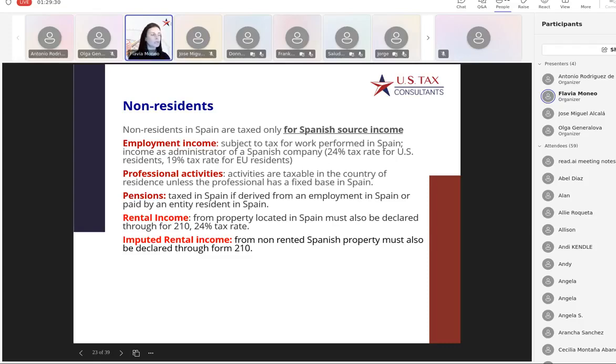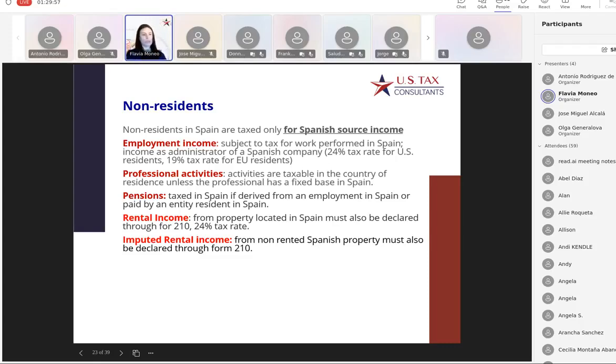If you are working as a contractor, it depends on whether you have a fixed base here in Spain. That means that you are working in an office, co-working, or similar. If you do, then you have to file as non-resident, but instead of the Modelo 210, you will have to file the Modelo 200, the one that we usually use here for companies. Well, usually, not always.